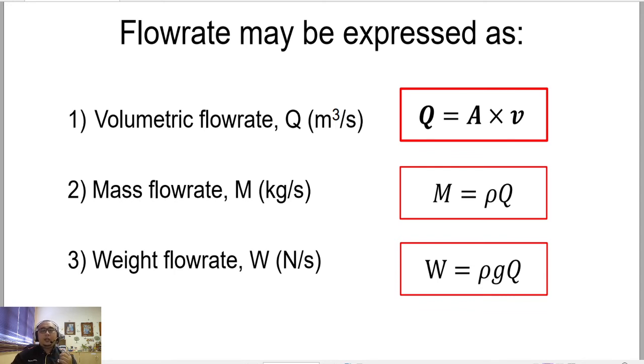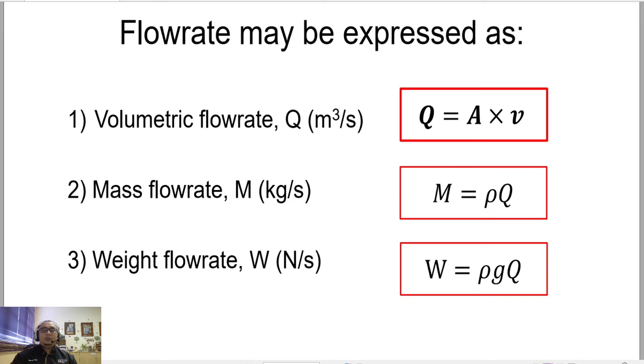The first one is volumetric flow rate. Dia punya simbol adalah Q, which is meter cube per second, and Q is equal to AV. A adalah area of the pipe, kita darabkan dengan velocity. Kemudian kita ada mass flow rate. Dia punya simbol is M, and their unit is kilogram per second.